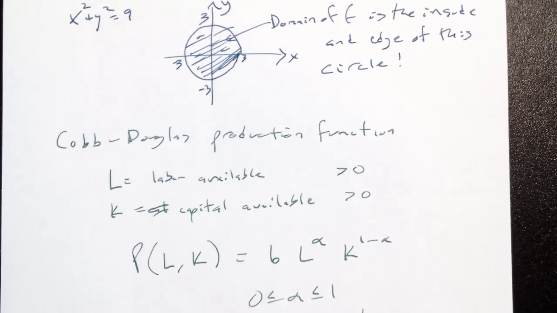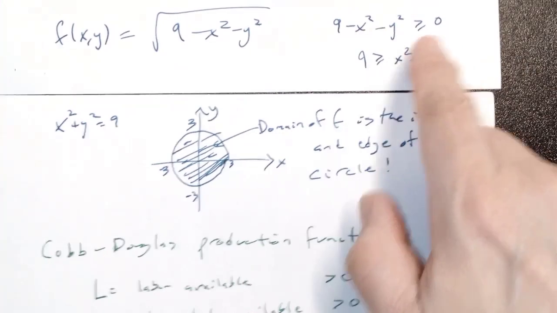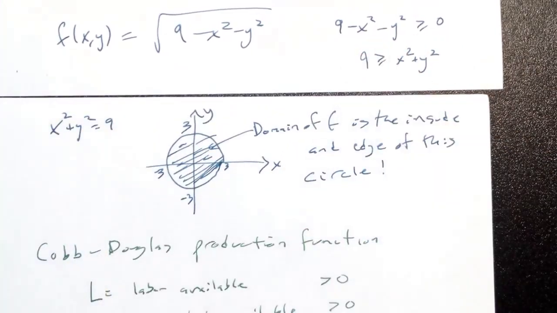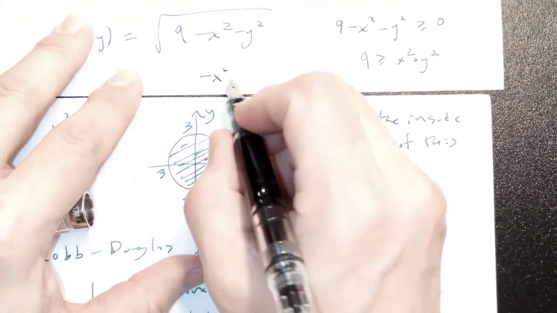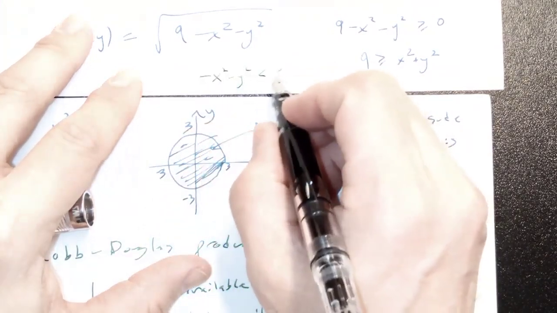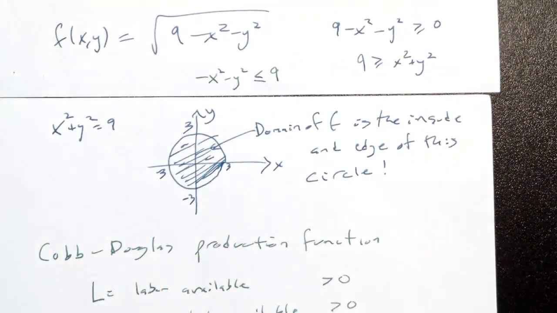Well, what you just said is exactly the algebra we did here. You said, oh, well, that has to be less than 9, right? What happens when I switch the negatives?